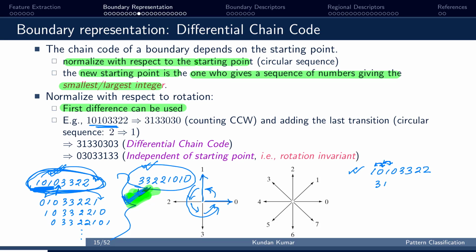Similarly, for 1 to 0 we already found 3. Let us check 0 to 3. Starting from 0 and moving anti-clockwise, this is 1 step, this is 2 step, and this is 3 step. In the third step we reach 3. So this is 3.